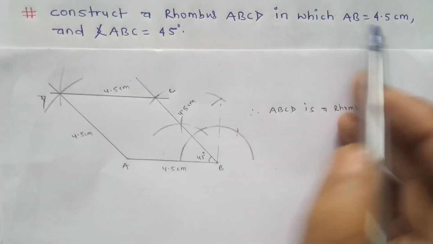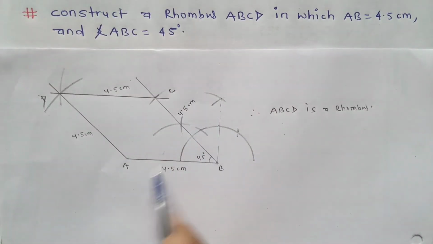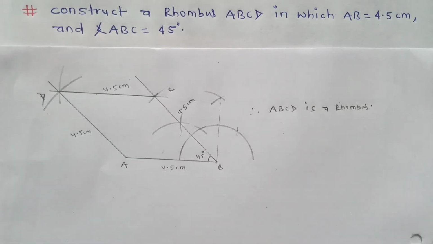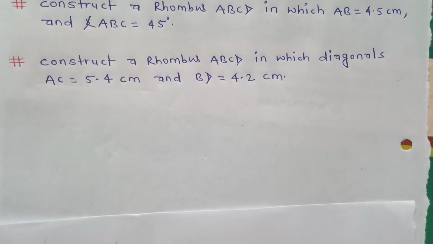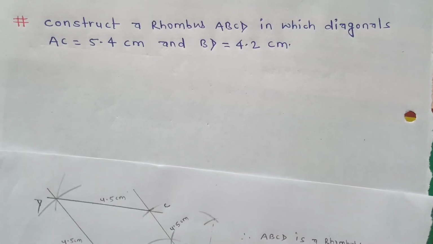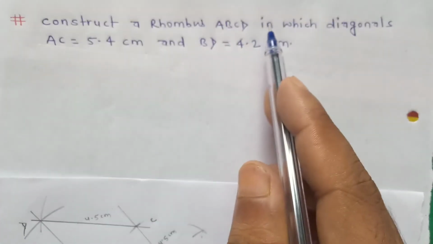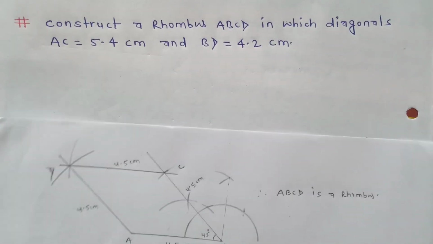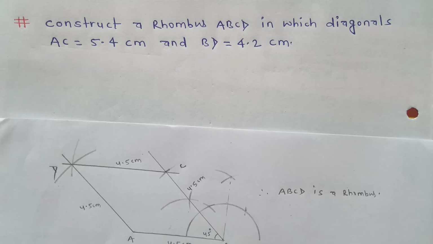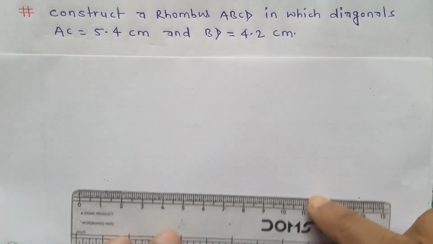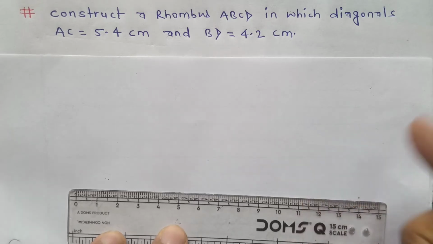If one side and one angle are given, then we can draw like that. Okay, so now I'm going to draw the second one. You can check here: construct a rhombus ABCD in which diagonals AC and BD are given. If two diagonals are given, how can we draw? Let's start. First we draw a line.